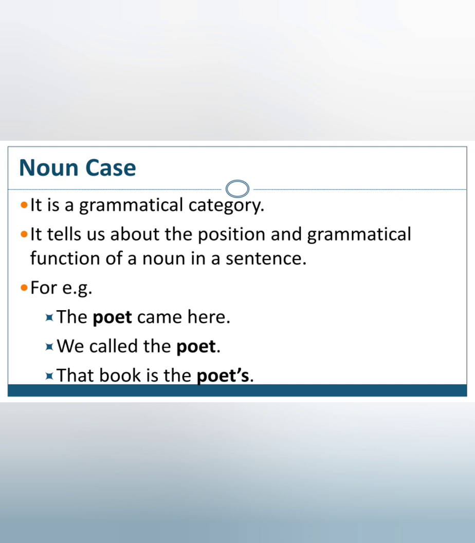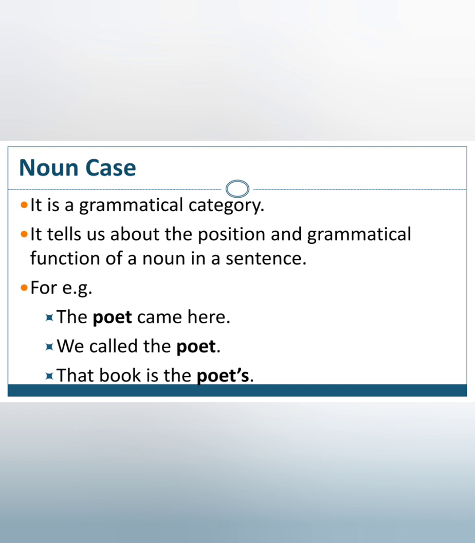In the first sentence, when we ask the question, who came here? We get the answer, the poet. In the second sentence, when we ask the question, whom did we call? The answer is the poet.